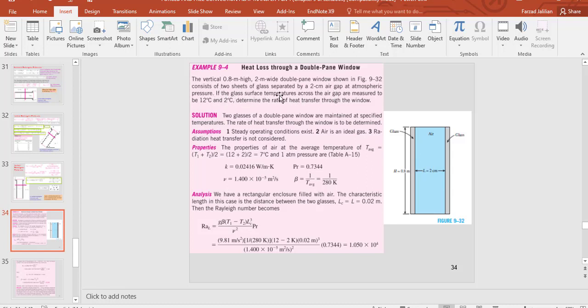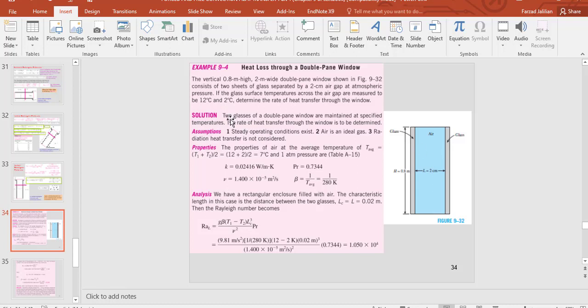The glass surface temperatures across the air gap are measured to be 12 degrees Celsius and 2 degrees Celsius: T1 is 12, T2 is 2 degrees Celsius. Then we should determine the rate of heat transfer through the window.